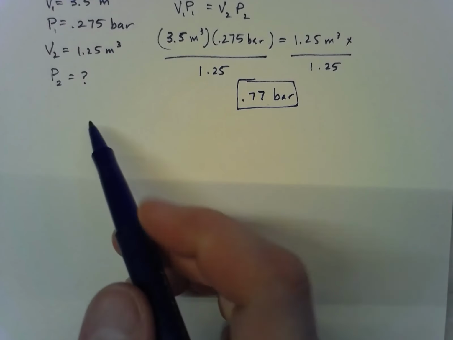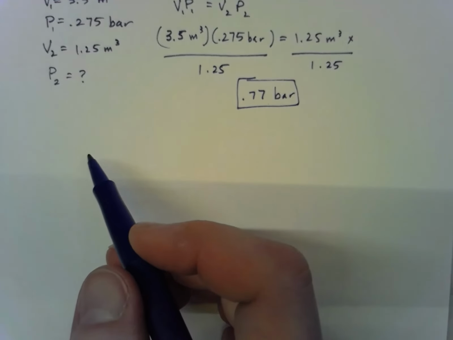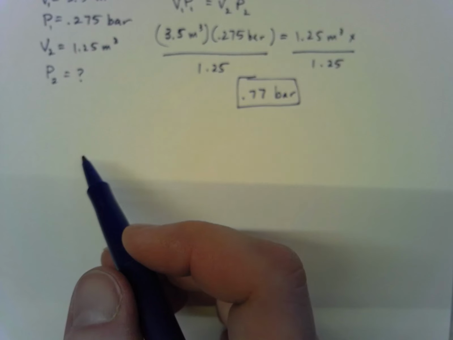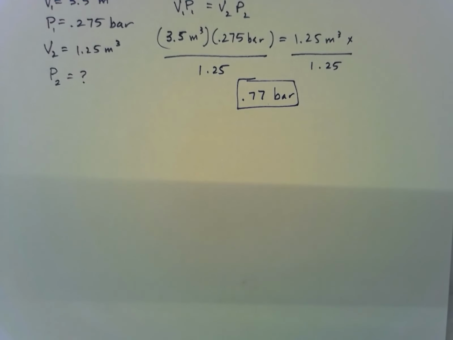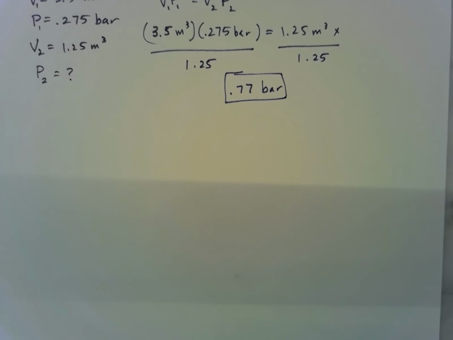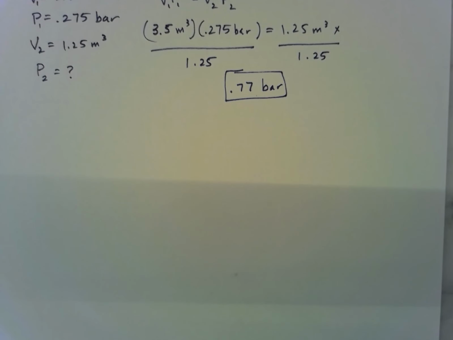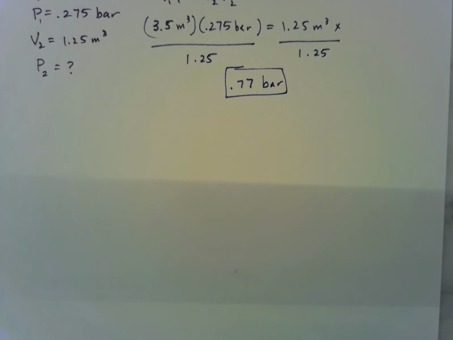All right. So on a Charles, let's look at 14. Okay, this is probably as complicated as a Charles law is going to get. Okay.